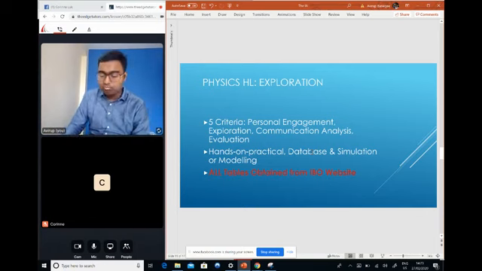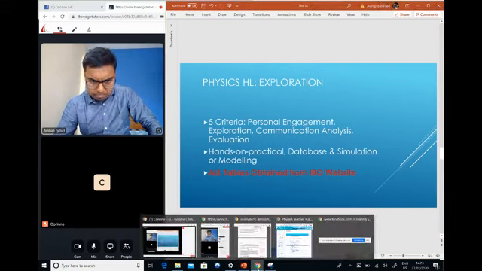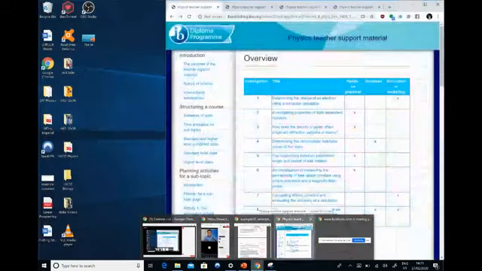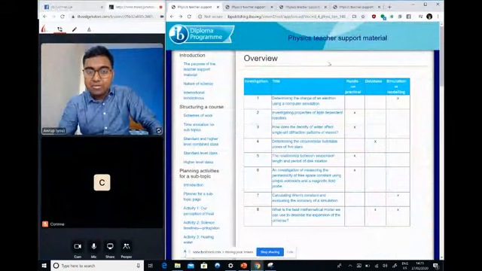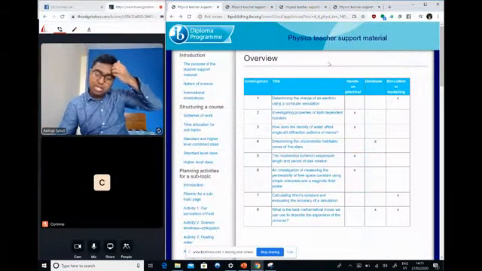We'd rather get it from the horse's mouth. It's the IBO who's provided us with the tables on how the IAs will be marked. Now, before we go forward, these are different physics IAs. As you can see, they've been provided to us by the IBO.